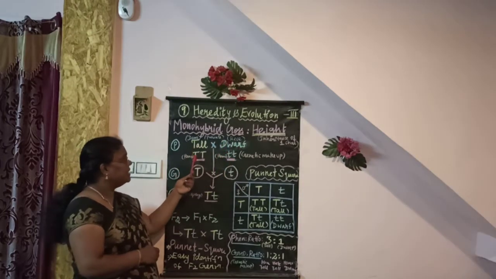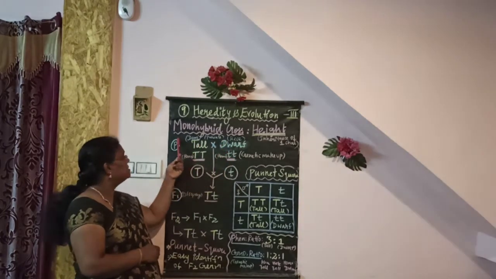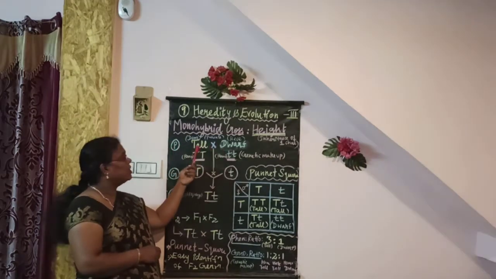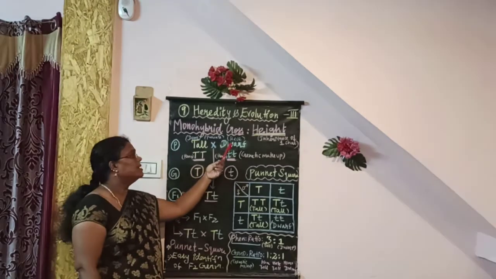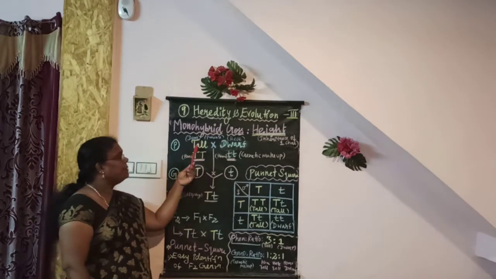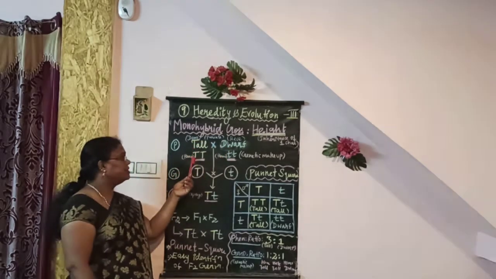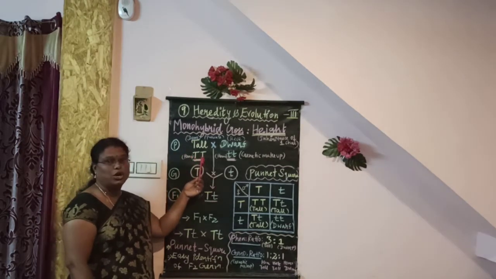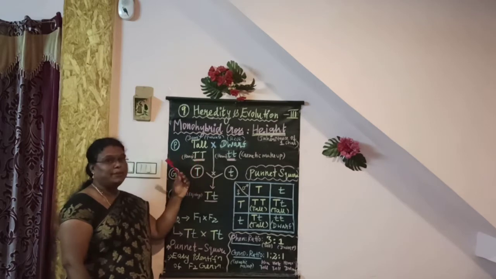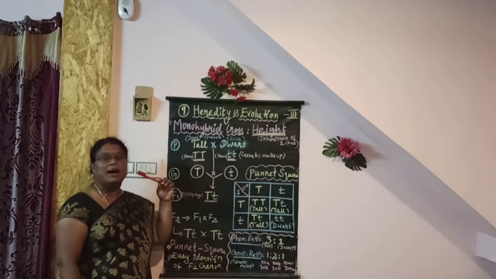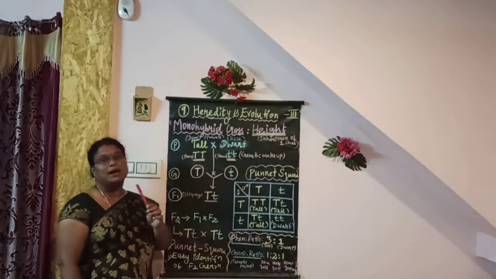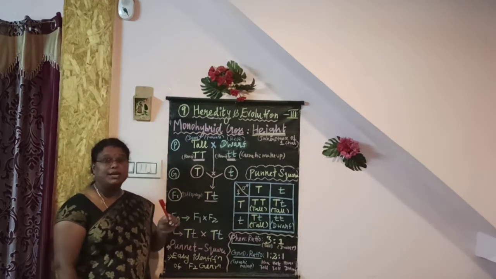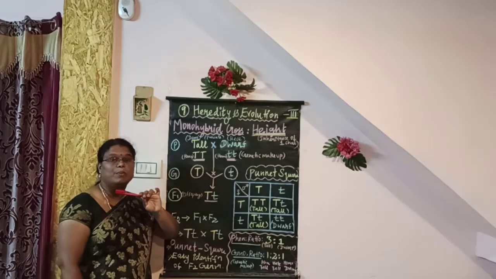And the genetic makeup of the tall parent, see this P denotes parents. So two parents, one dominant, the other recessive. The genetic makeup of the tall parent is capital T, capital T. So this is homozygous tall. In the previous video I explained what is homozygous and what is heterozygous. Homozygous trait means the genetic makeup will be the same. Homo means same.